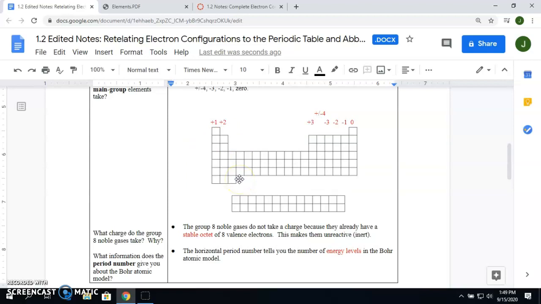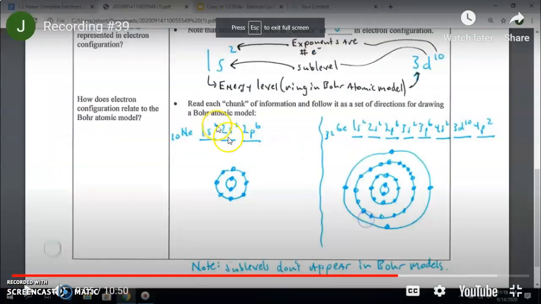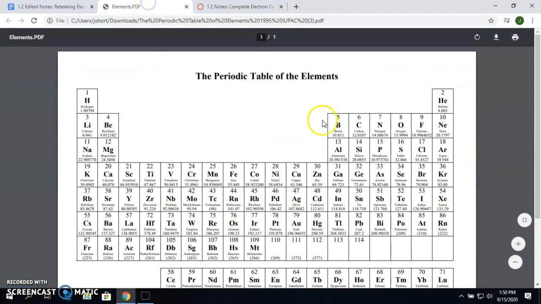Okay, let's flip over to this one and take a look. Here we've got neon. 1s2, 2s2, 2p6 is neon. I want to show you that neon is right over here. Neon is in horizontal period 2, telling us that it's going to have 2 energy levels.